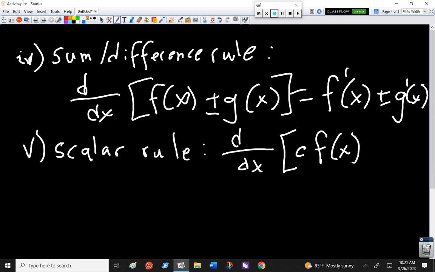If you have a number times a function, no matter what that function is, if you take the derivative of this, you're going to get that c times the derivative of that function. So a number times a function, if you do the differentiation, is just going to be that number times the derivative of that function. I know it's a silly rule, but that's one of the rules they give us.